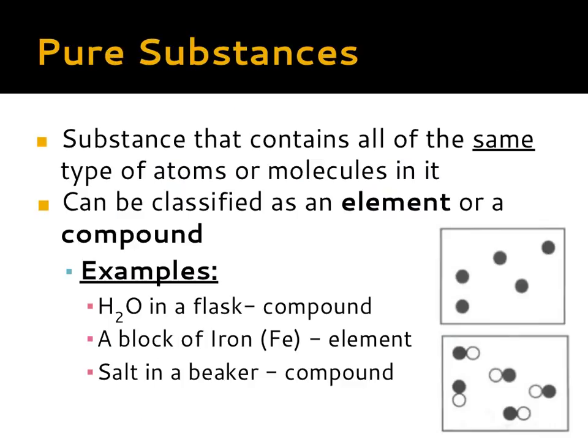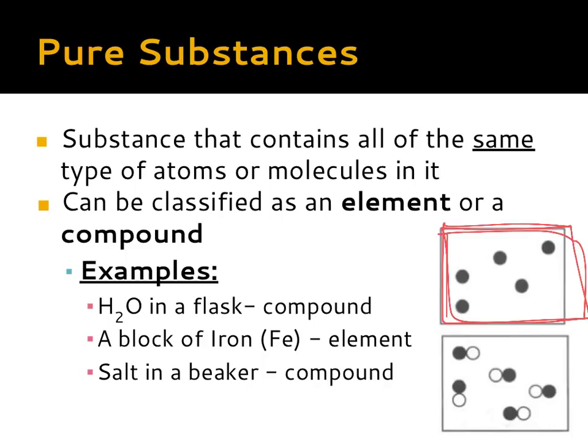So with our pure substances, remember these are substances that contain all of the same types of atoms or molecules. So it doesn't matter if it's the same atoms, it doesn't matter if it's the same molecules, but it has to be the same all the way throughout. These guys on the side are considered a particle view diagram. A particle view diagram is like a zoomed in image if I was looking just at the particles inside a substance.